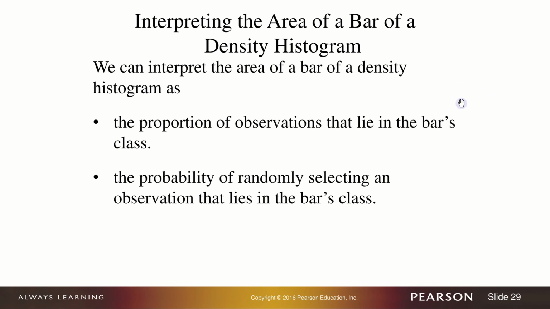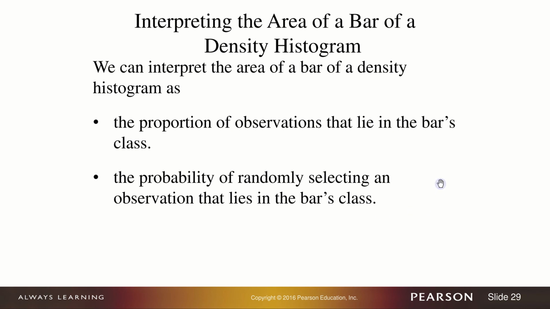And if the area of the bar is the relative frequency, that means it's also the what? I think I heard you say probability. You're right. So basically, the proportion of the observations that lie in the bar's class will be the probability of randomly selecting an observation that lies in the bar's class.